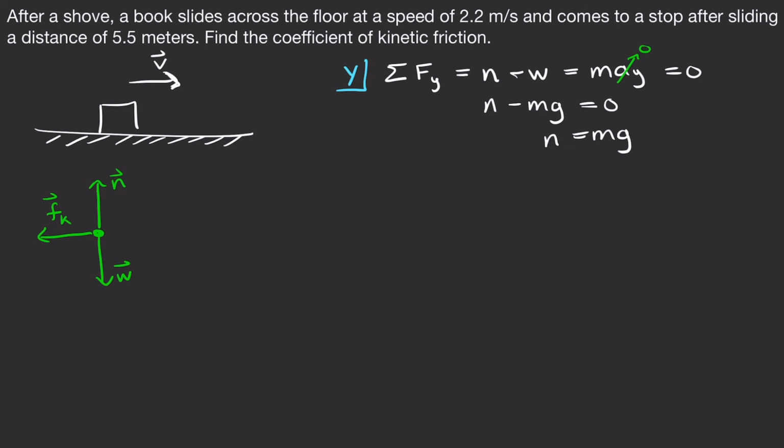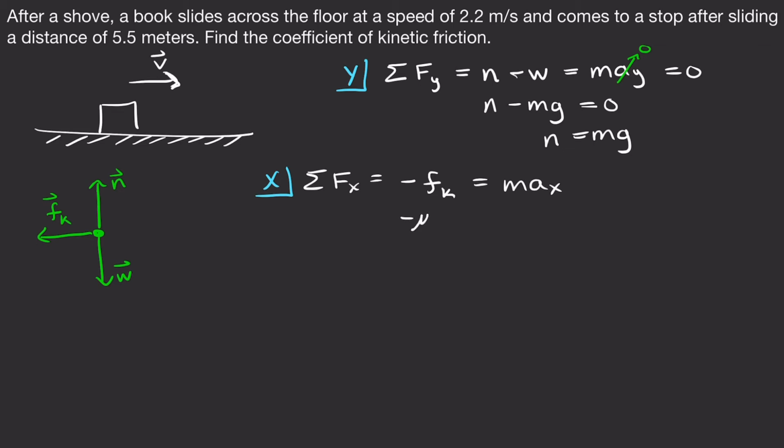Okay, so now that I know my normal force, I can sum up the forces in the x direction. And all I have is the force of kinetic friction, so Fk equals mass times the acceleration in the x direction.